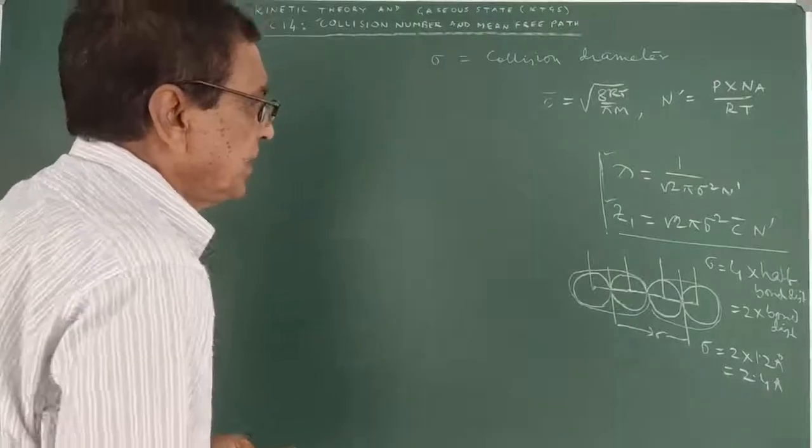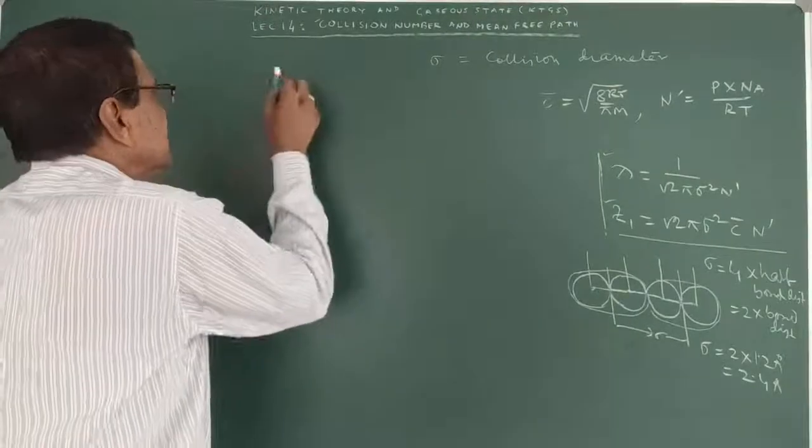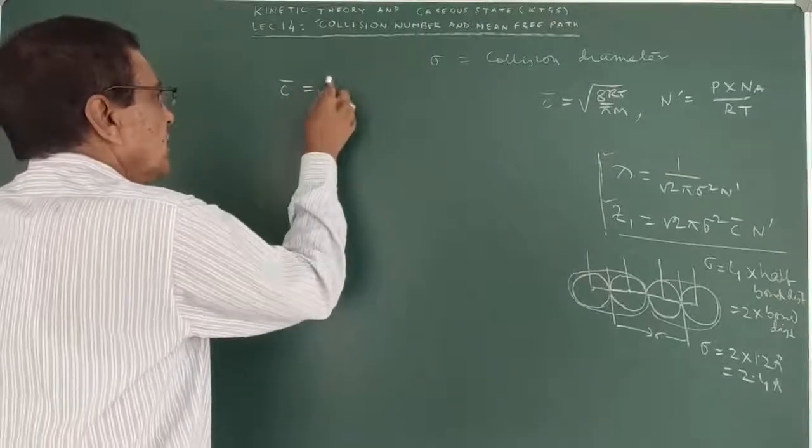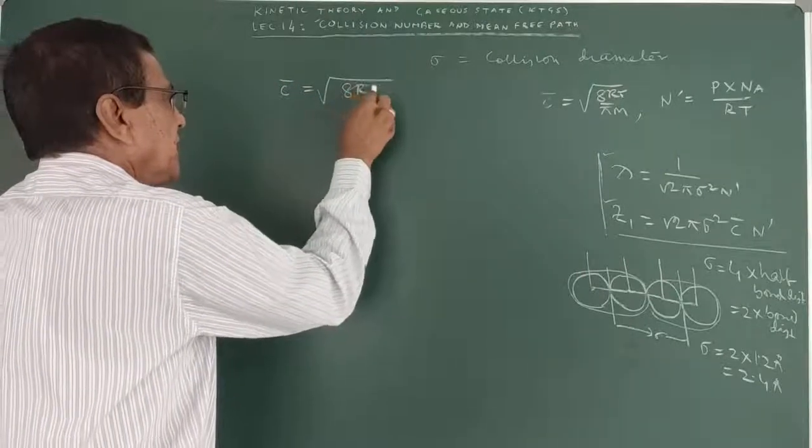First we calculate C bar. C bar equals root over 8 RT by pi m.